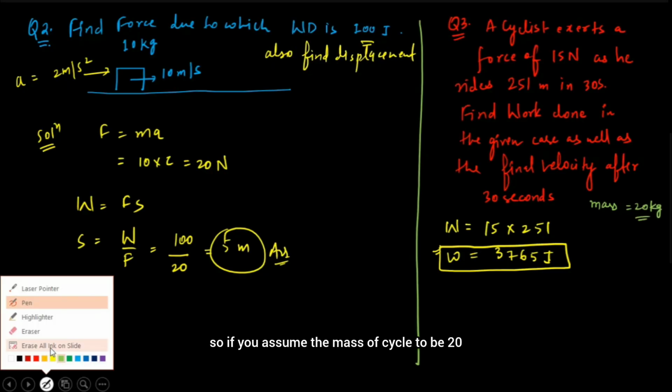So if you assume the mass of cycle to be 20 kg, you get the acceleration, you'll substitute the values, and you take the second equation of motion, and you're done with it. 19.62. Yeah, that's fine.